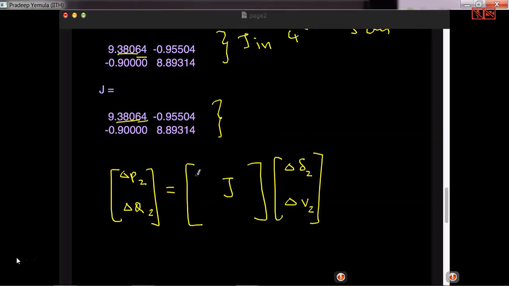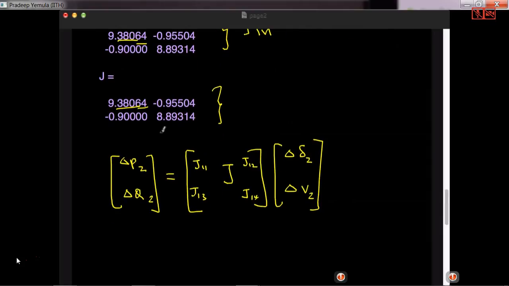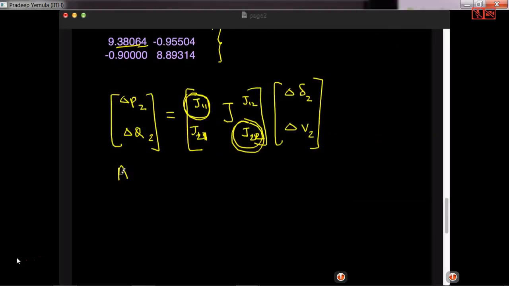And notice that this is J11, J12, J13, J14, and this is 21 and 22. Since the values of J11 and J22 are very high and the values of J12 and J21 are very low, let's make an assumption. Assume J12 equal to 0 and J21 equal to 0.